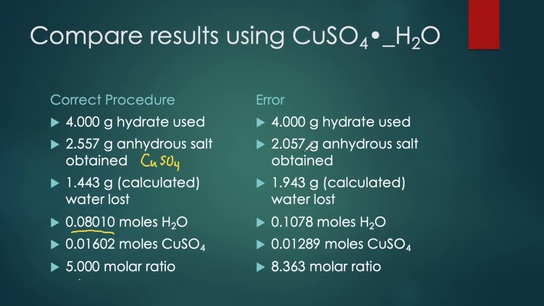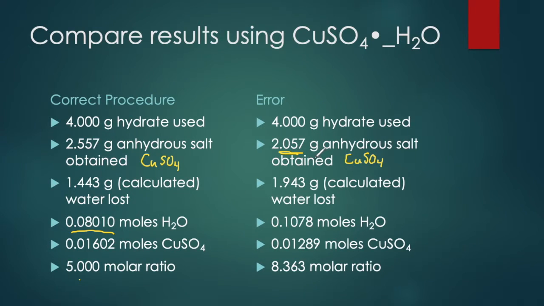If 0.5 grams splattered out onto your bench, then when you weigh the anhydrous salt, 0.5 grams are going to be missing. Instead of 2.557, you're going to get 2.057 grams of the anhydrous salt. So your amount of copper 2 sulfate that you report is going to be too low. You should have gotten 2.557 grams.